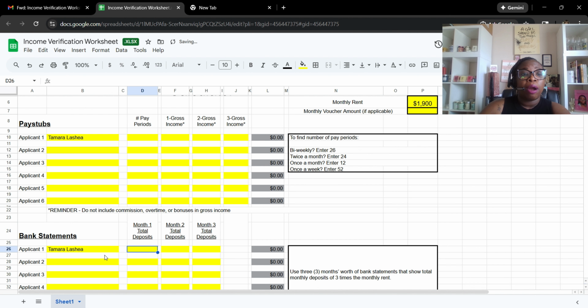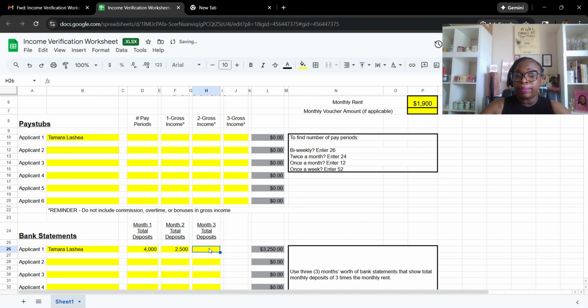In this part of the spreadsheet, it wants to know your total monthly deposits. So you're going to have to look at your bank statement and add the total monthly deposits here. For the first month, you could have made $4,000. For the second month, $2,500.